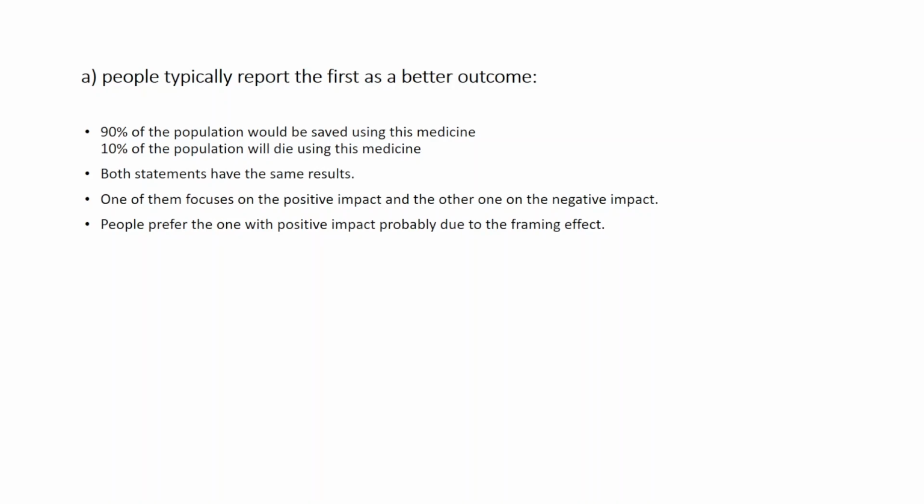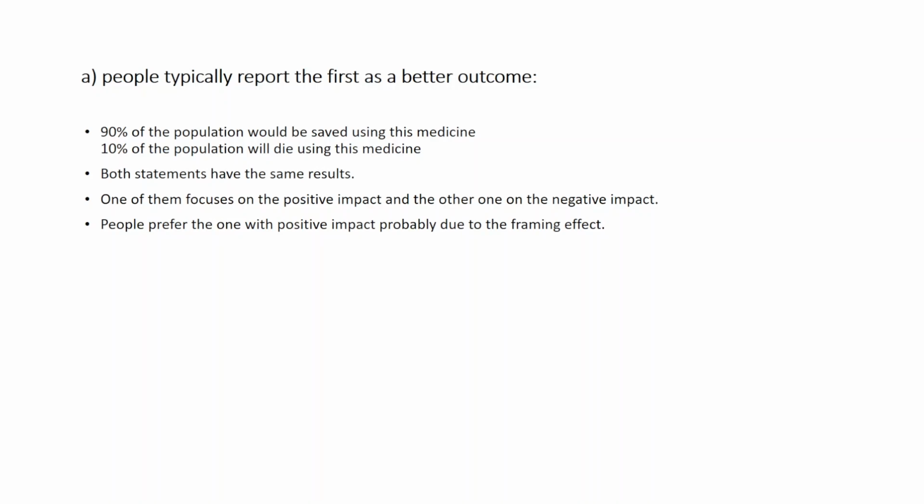Why so? Why do people choose, or find the first option more comfortable or more acceptable? As we said, both of them are an identical pair of gambles, an identical pair of probabilities. But one of them is focusing on the positive impact of the outcome, and the second one is focusing on the negative impact.